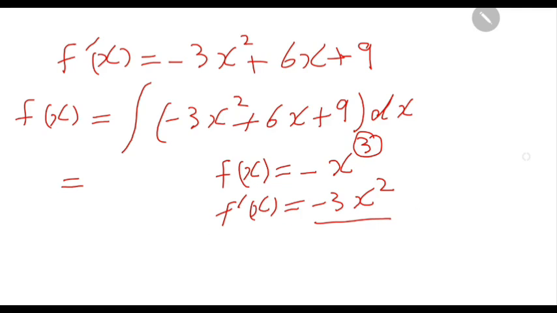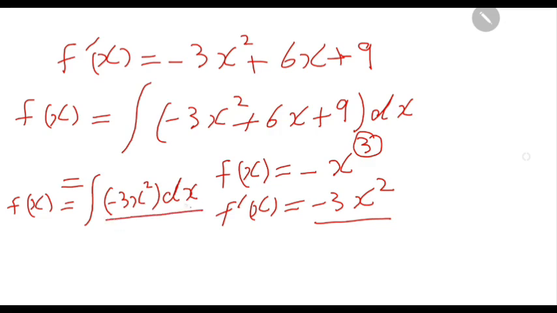If I apply integration, the antiderivative, it will take me back to f of x, -x power 3. Have a look here. f of x is equal to the integral of -3x power 2 dx.